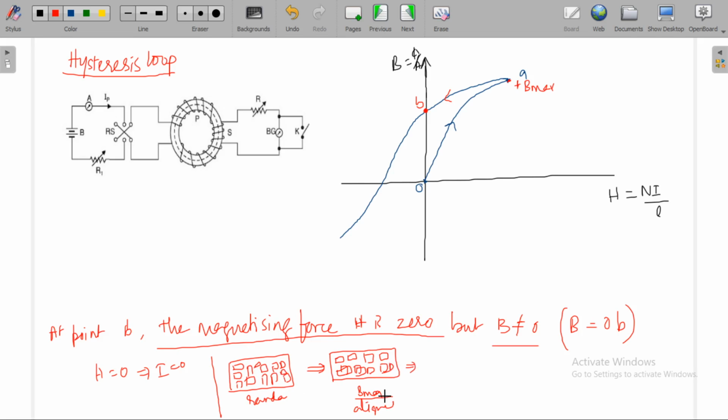Now, if you remove the supply, these domains should regain their original positions.